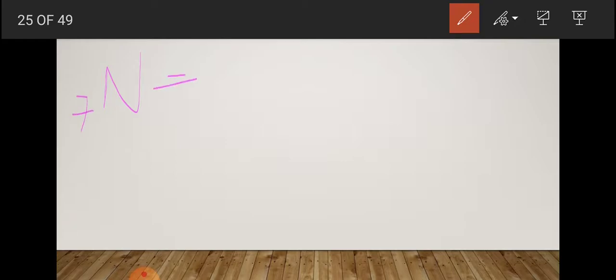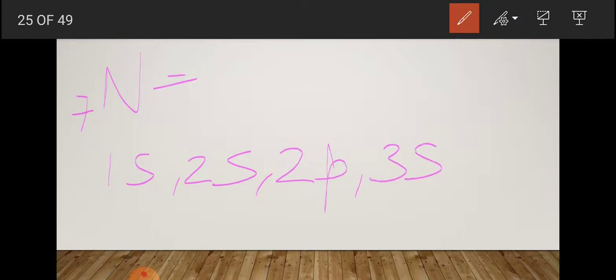Now let's see the configuration. As I have said, to learn it: 1s, 2s, 2p, 3s. What you have to do is write the sequence, and first we will fill the lowest energy orbital, that is 1s2, 2s2, 2p3.